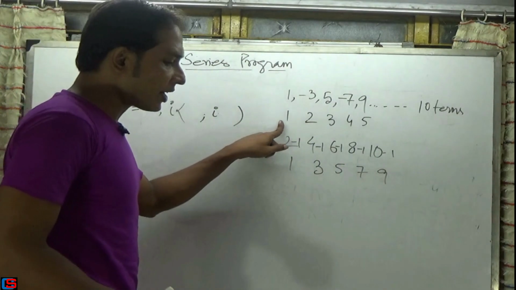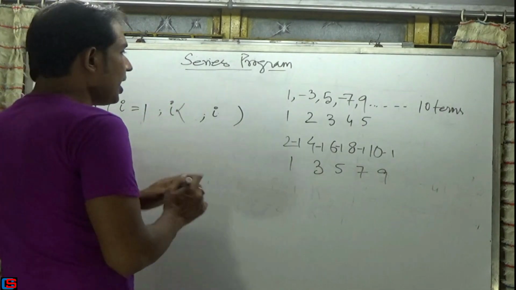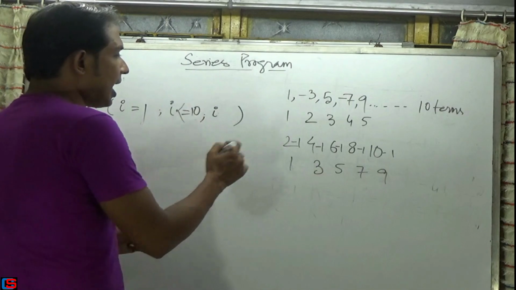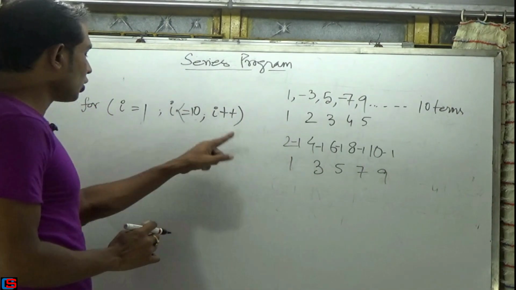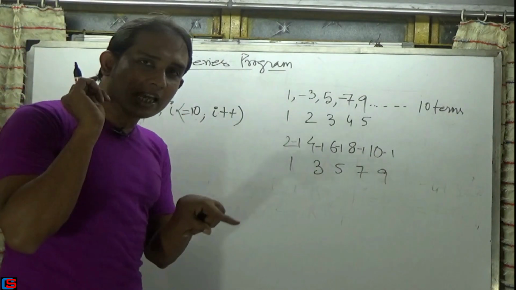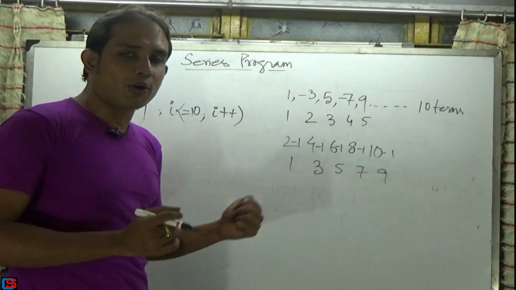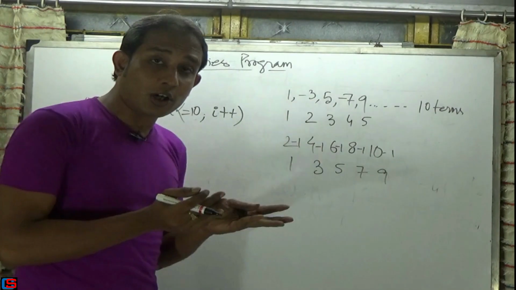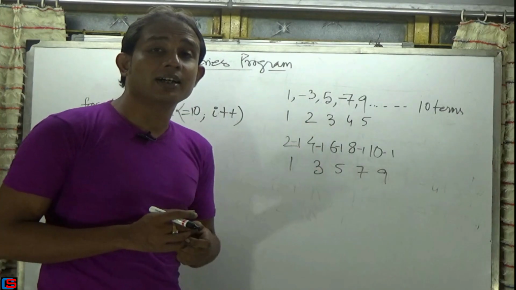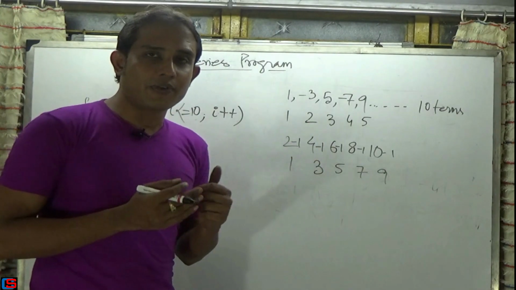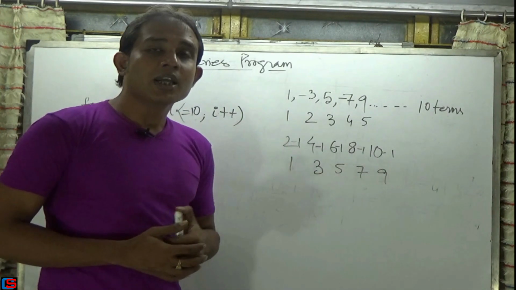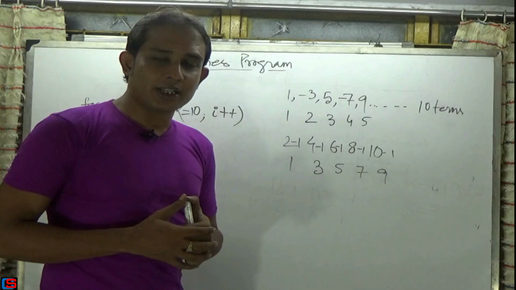The initial value is 1, and the value increases by 1 up to 10 terms, so i less than or equal to 10, with i plus plus. Within the loop I multiply i by 2 each time, subtract 1 from it, and then write the if else statement to check whether the position value is odd or even. If it is odd, I print the positive value, and if it is even, I print the negative value.